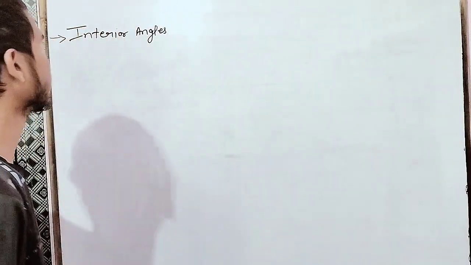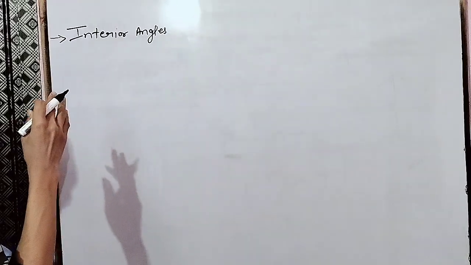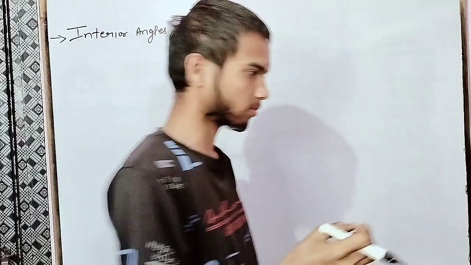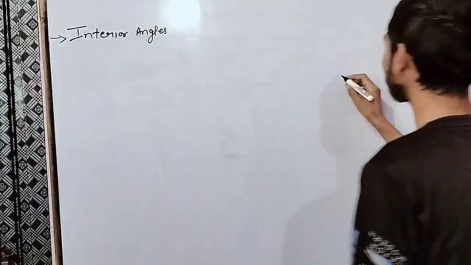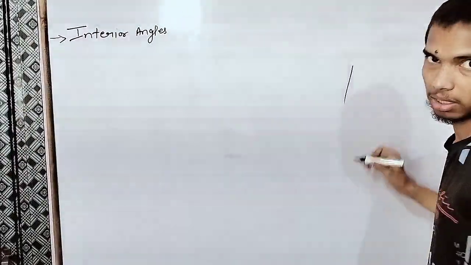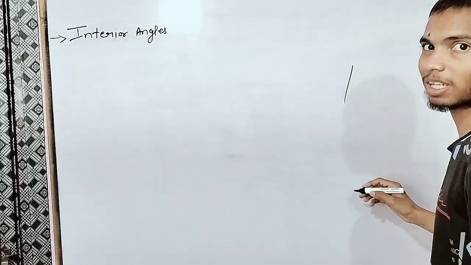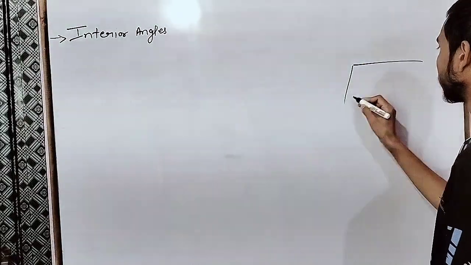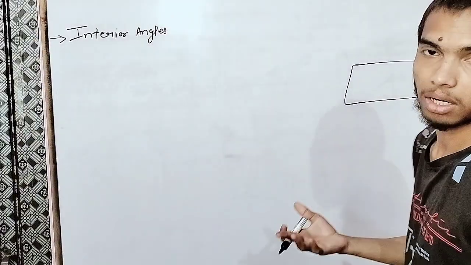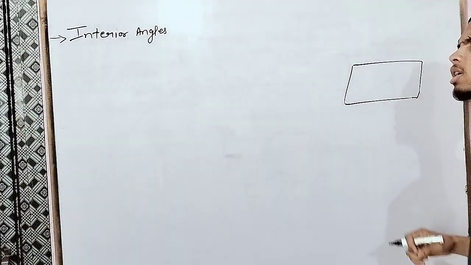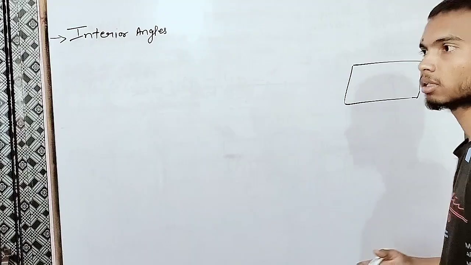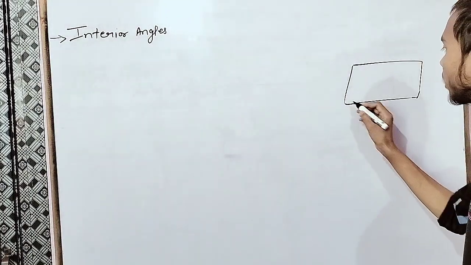Now, let's say our topic is quadrilateral. A quadrilateral can be a rhombus, a rectangle, or a parallelogram.